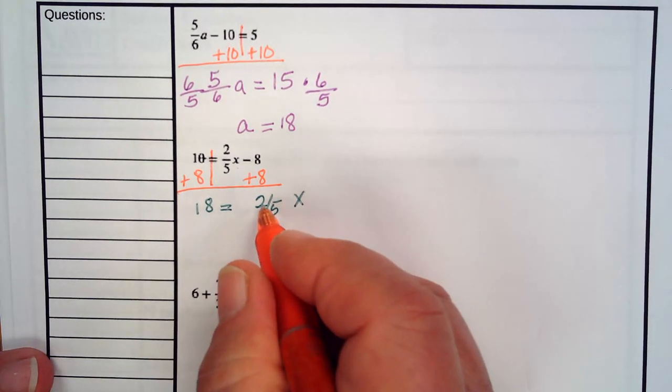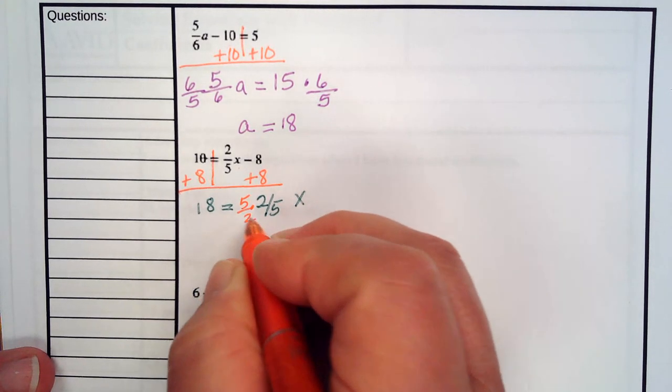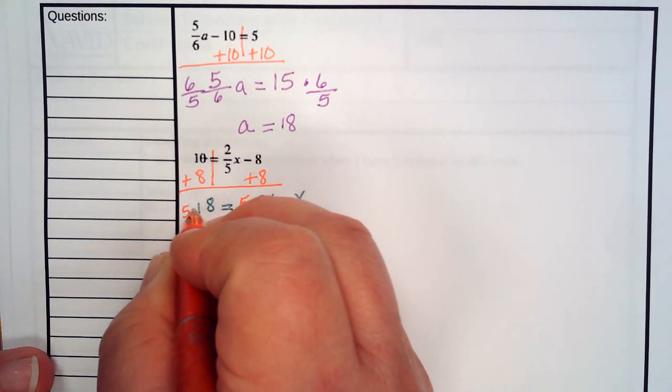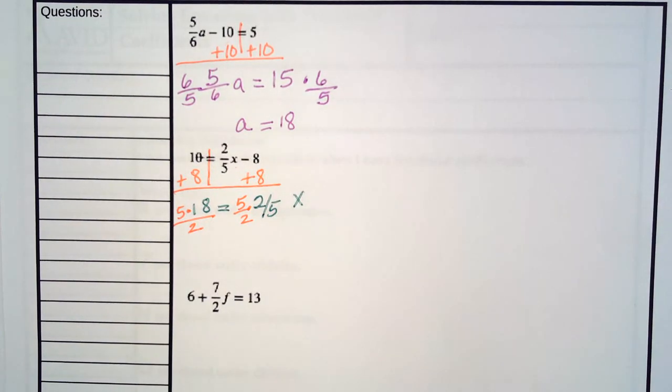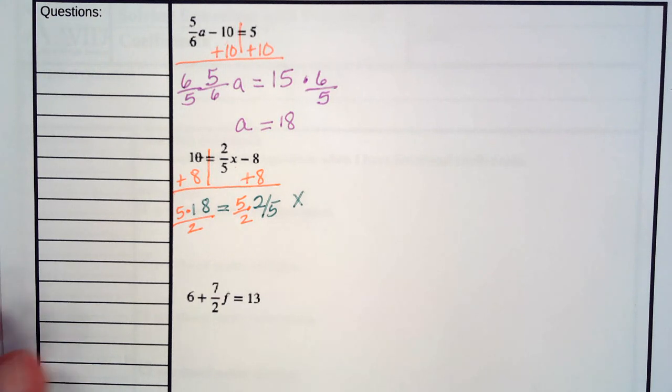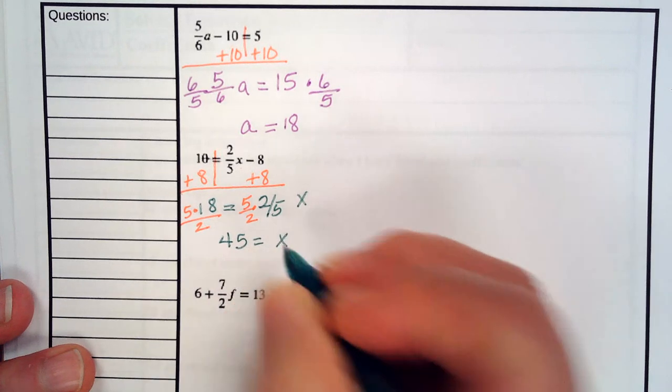The reciprocal of 2/5 is 5/2. As you can see, 2 does not go evenly into 5, but it does go evenly into 18. 18 divided by 2 is 9. 5 times 9 is 45. So 45 is equal to x.